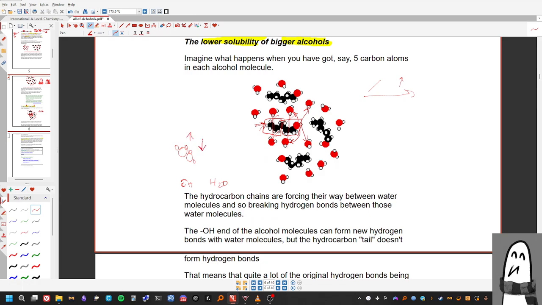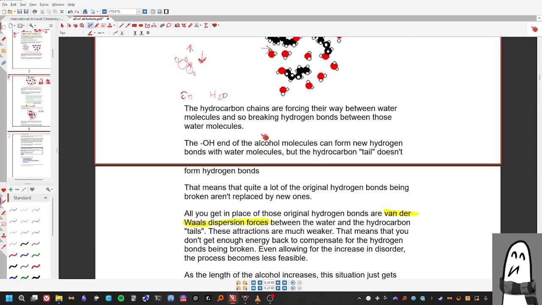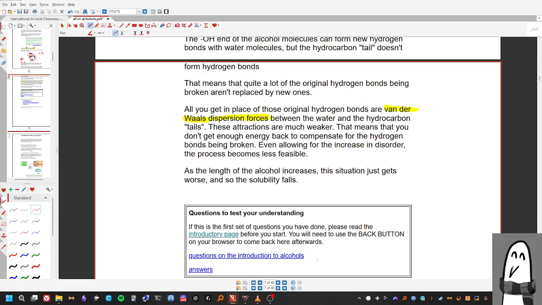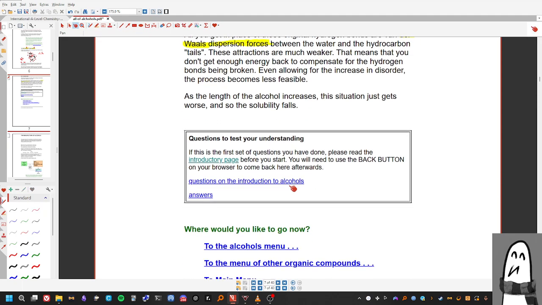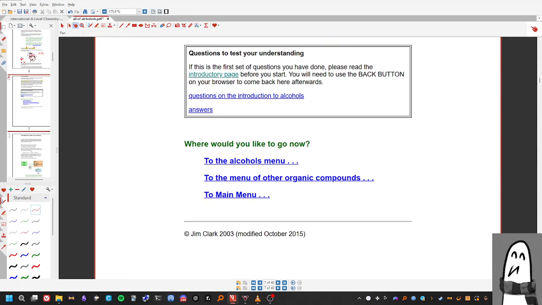You're going to get a lower solubility because, although these instantaneous dipole forces are increasing, you have the bigger problem of breaking more hydrogen bonds than the new van der Waals attractions you're forming. The energy from those is just not enough to compensate for the hydrogen bonds that you're breaking. And so as the length of the alcohol increases, the situation just gets worse and the solubility falls.